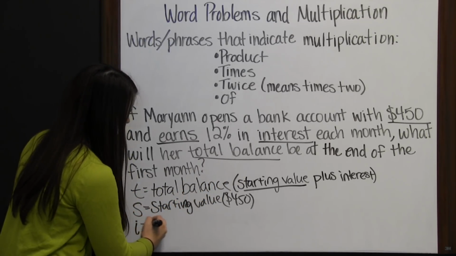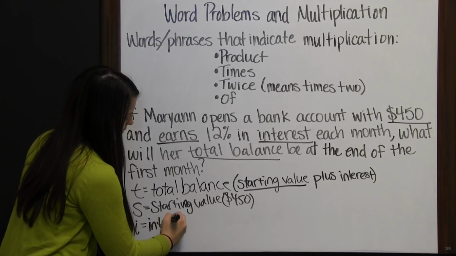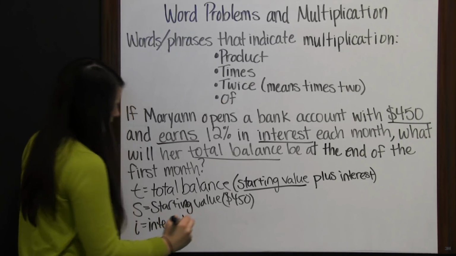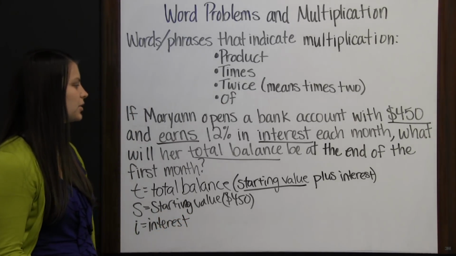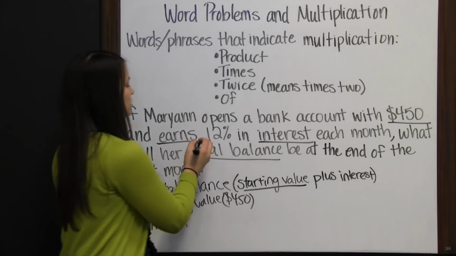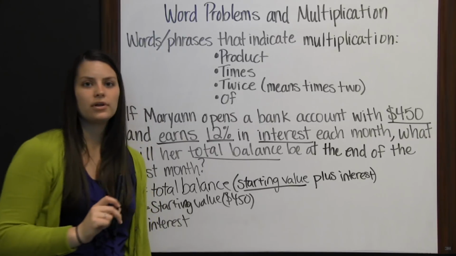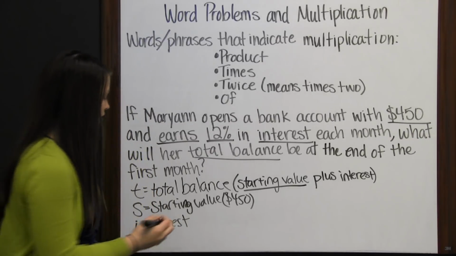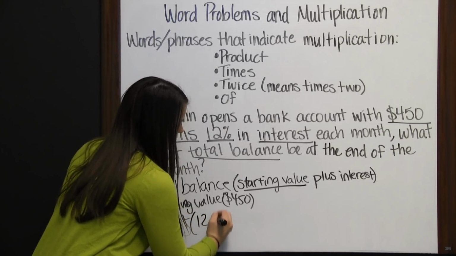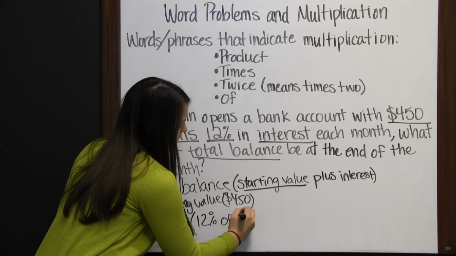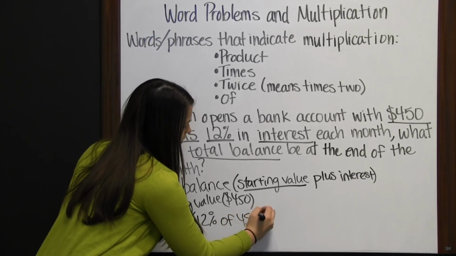So we'll use I for interest. And interest is going to be found by doing 12% of the amount of money she has in her account. So we're going to do 12% of $450.